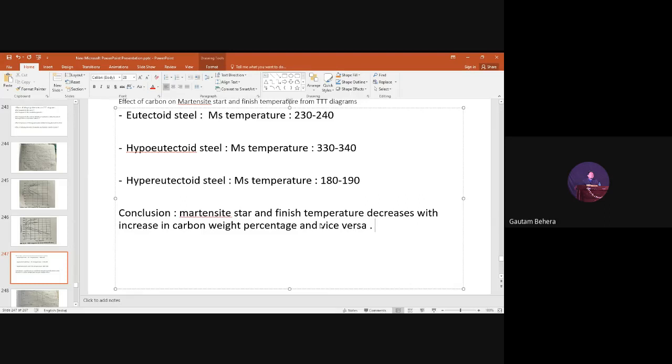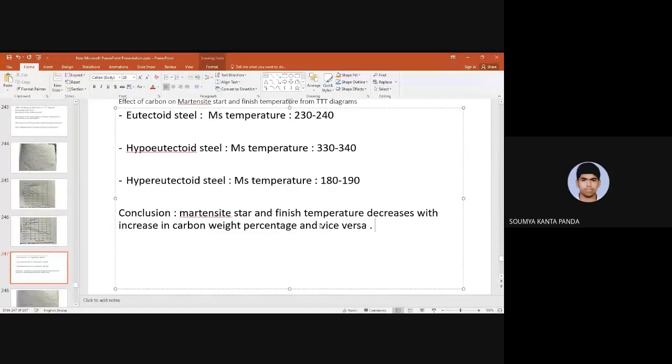Suppose you have a high carbon steel and you are taking the high carbon steel to the austenitizing temperature, suppose above ACM, and you are quenching it to a temperature of, suppose, 0 degree centigrade. So what will happen?